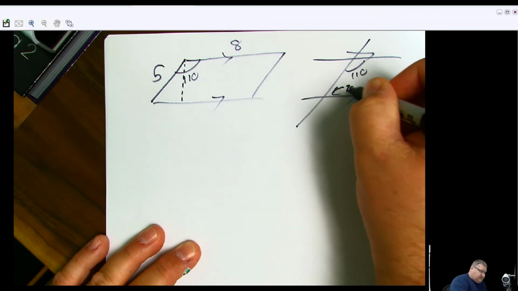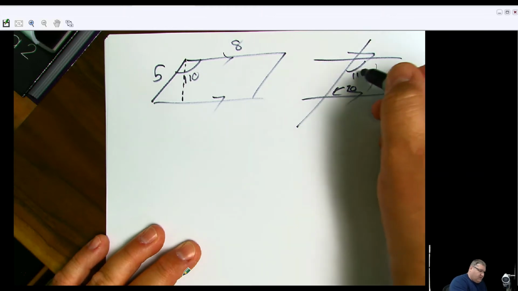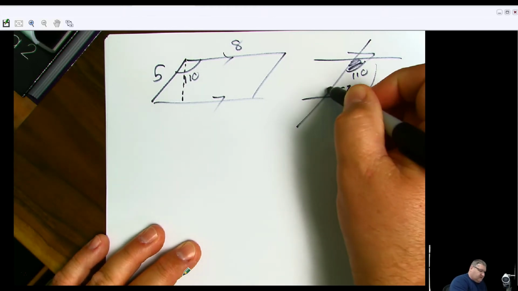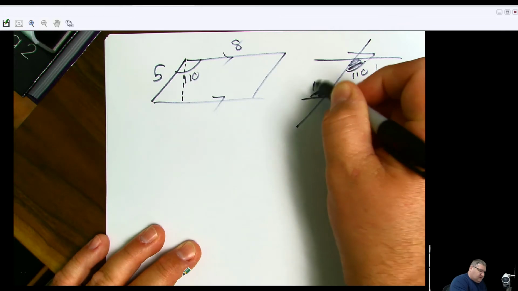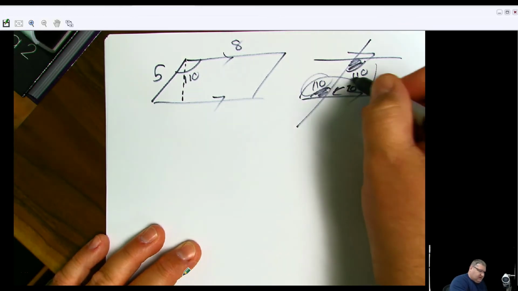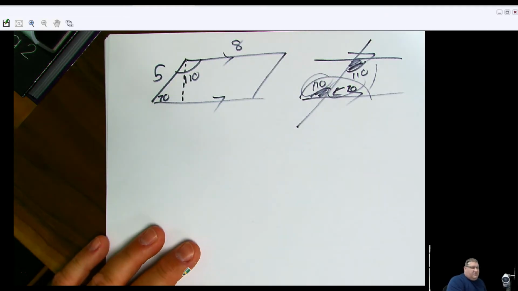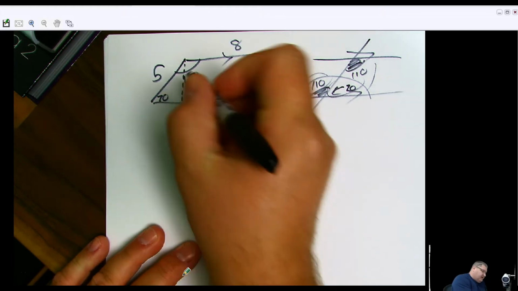Well, it's 70 because these two angles have to add up to 180. You got a 110, you got a 70. So it's just one extra step to find that angle.